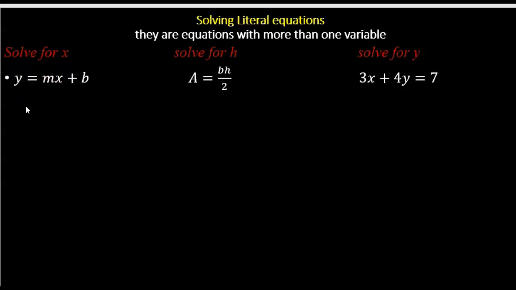Now let's solve. When we say we want to treat only x as a variable, that means we need to keep x by itself and everything else needs to be on the other side. Okay? So, x is multiplied by m and it also has b added to it. So we have to take care of addition first.